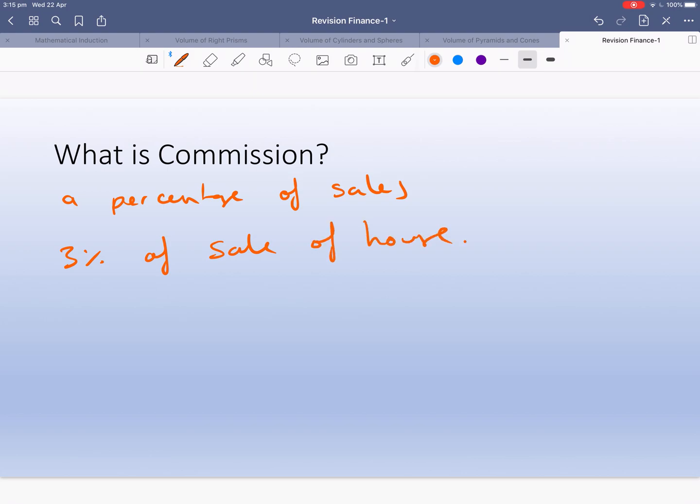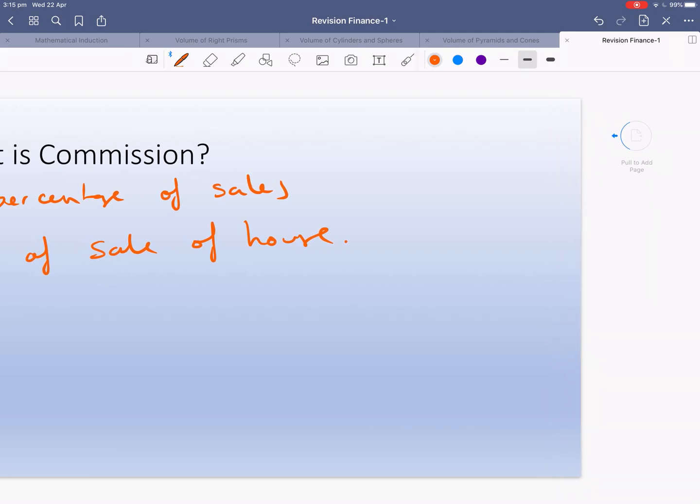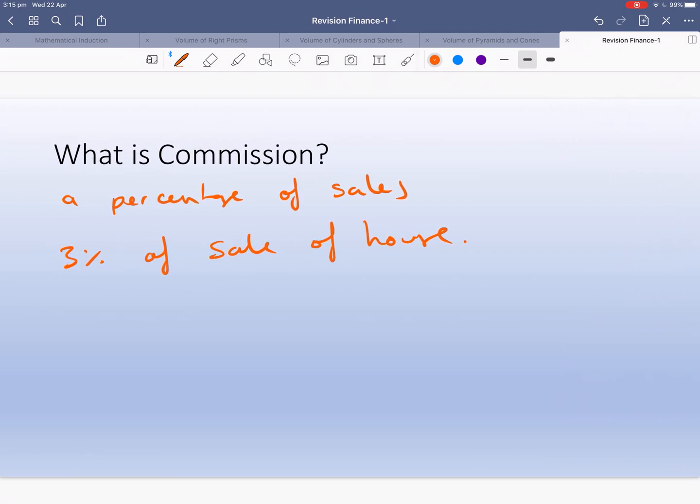But there are many more people that earn commissions, like JB Hi-Fi. They get paid a percentage of what they sell. It might be a business that you get into with people, and we'll see that. Anyway, this is a quick introduction to financial maths.